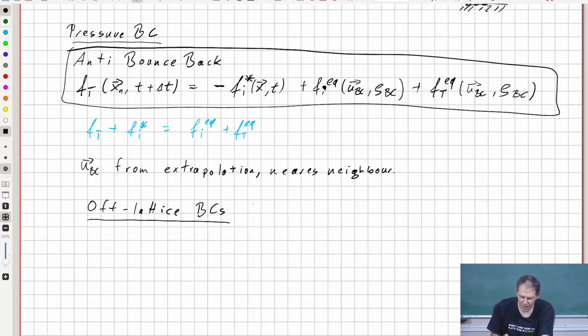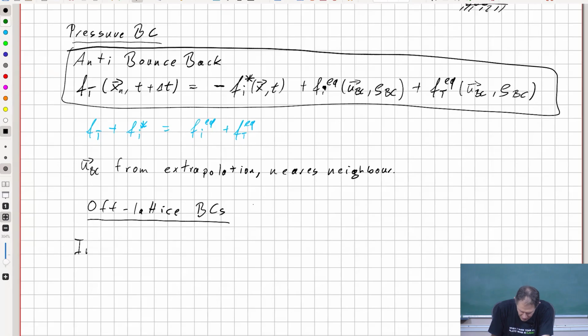So now you need to find a way to impose such velocity boundaries, also moving velocity boundaries, thinking about turning wheels, for example. You want to impose this anywhere in between lattice nodes. And for this, you need these off-lattice interpolation methods.